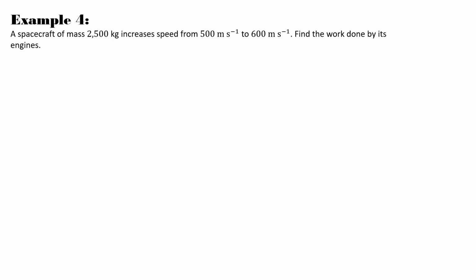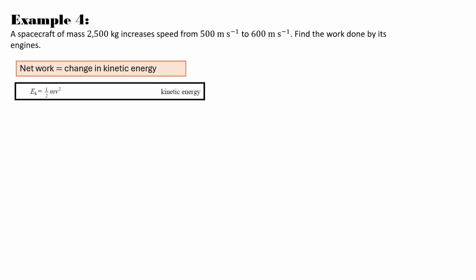Okay, and our last one to finish up this section on work. A spaceship of mass 2,500 kilograms increases speed from 500 meters per second to 600 meters per second. Find the work done by its engines. The easiest way for us to do that is to say net work is equal to the change in kinetic energy. That change in kinetic energy can be easily calculated because we have mass and the two speeds.